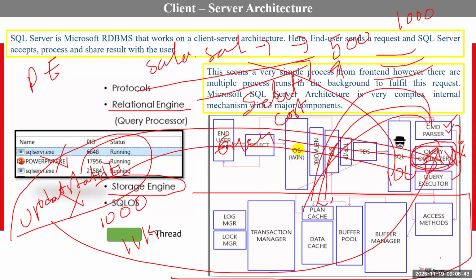Now whatever resources your optimizer allocated to the query are not sufficient, and definitely your query will run slow. Every time this is the issue, no, but this is also one issue. Getting my point? If you are not updating the statistics to the optimizer, definitely your optimizer will not prepare the best plan.